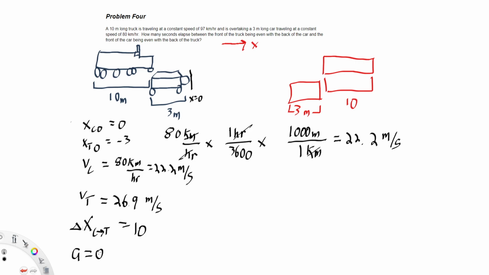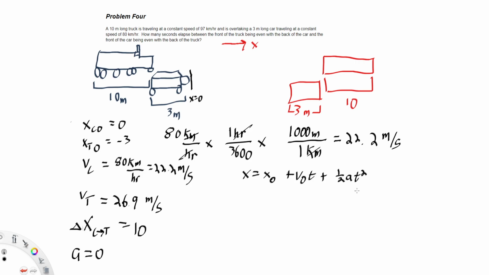So if we've got distance and velocity, and we want time, that looks like another job for kinematic 2. So we're going to have x equals initial position plus v naught t plus 1/2 at squared.